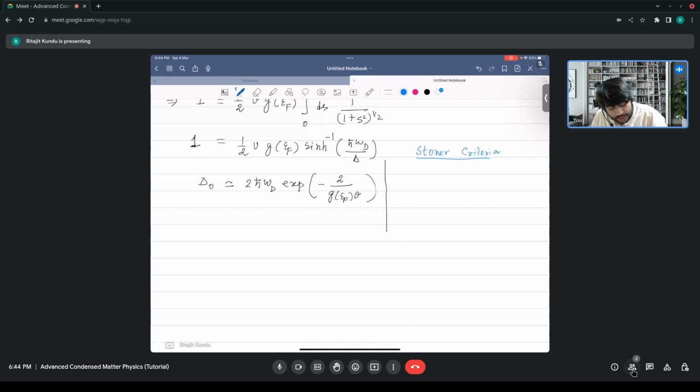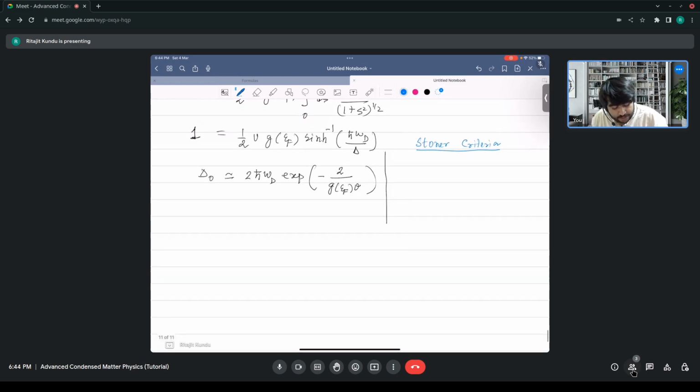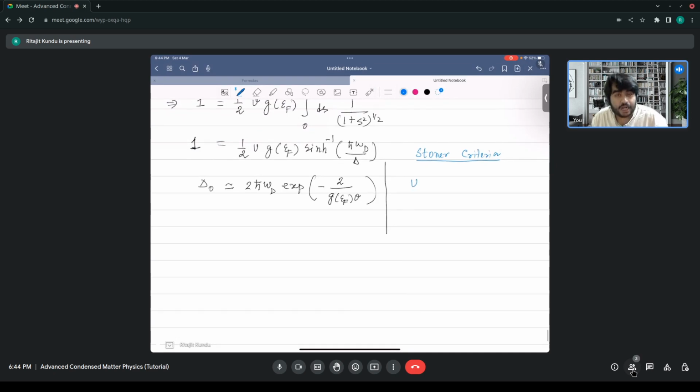So the Stoner criterion is a theory for band magnetism. When we have some bands and we apply an external magnetic field, when do we get a ferromagnet? That is what the Stoner criterion dictates: if our repulsive interaction times the density of states at the Fermi energy is greater than 1, then only do we have a ferromagnet.